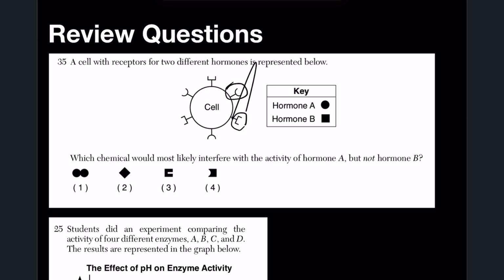So we want to see a chemical that would interfere with A but not B. Because we know that chemicals only bind with their specific shape, we want one that would fit the shape of A. So we're looking for which one is a circle. The answer would obviously be number 1, because that's the only circle one. And this would interfere with A because it could easily bind into these receptors, but it would not fit into hormone B's receptors, the rectangular ones. So it would interfere with A, but not hormone B.